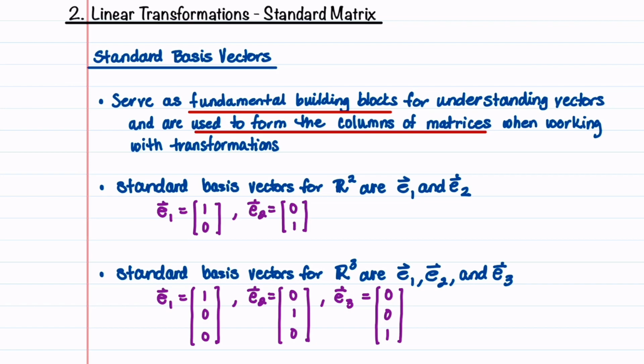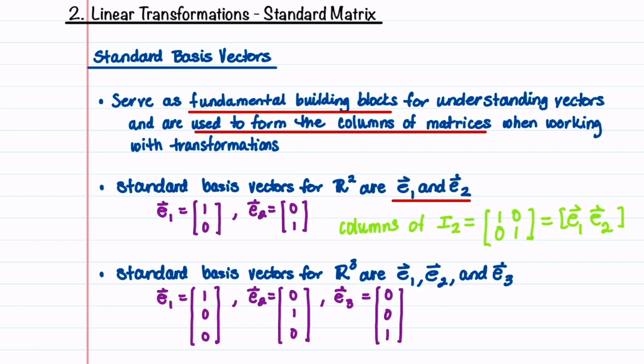The standard basis vectors for R2 are e1 and e2. e1 and e2 are the columns of I2, which is our identity matrix that looks like this. And so we can say that I2 is [e1, e2].